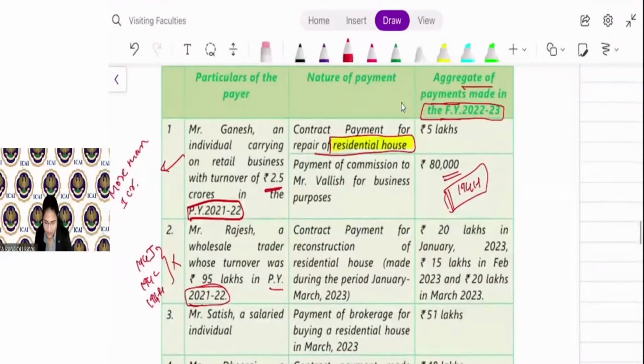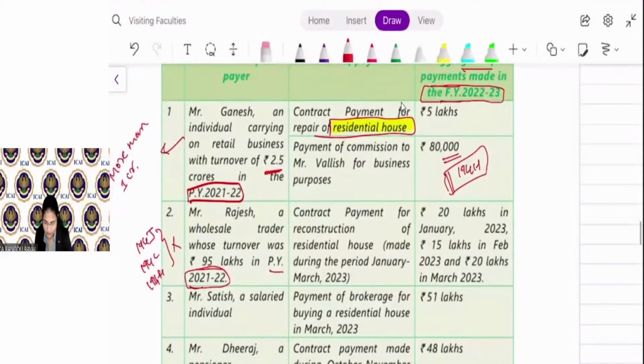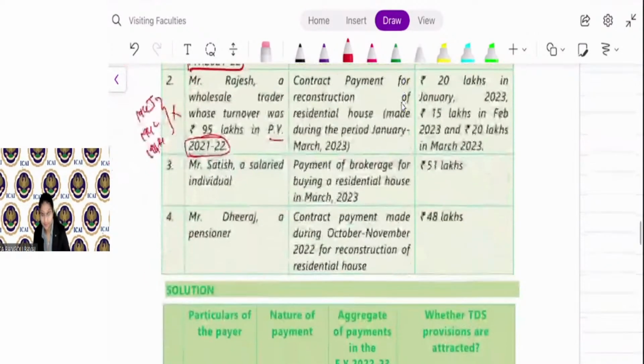Contract payment for reconstruction of residential house made during January to March 23: 20 lakh in January 23, 15 lakh in Feb 23 and 20 lakh in March 23. Total payment made is 55 lakh. See, here 194J, 194C and 194H is not applicable.